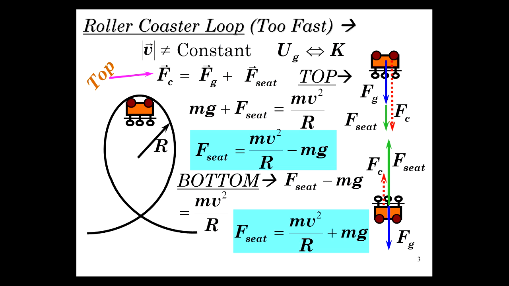And so F seat is the centripetal force plus the weight. And because those two are added together, and this is what you feel, this could be very large. Notice mg is what it is. That's 1g, basically, a force that you feel. And if r is really small, depending on what v is, this number could be very large. So make r relatively large so that this number is relatively small and you don't black out.